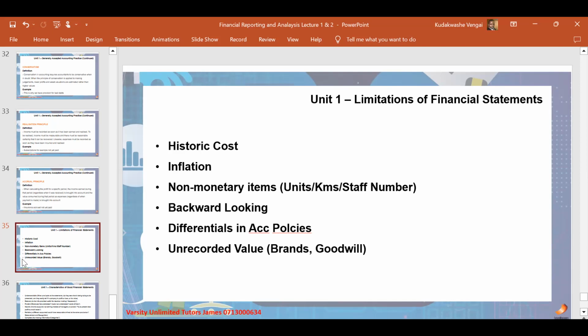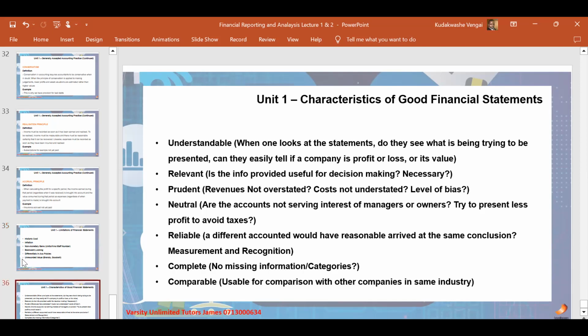But the brand name Coca-Cola itself is an asset. Just saying that this is a Coke will make someone buy it. This is produced by Coca-Cola. So if today they produce a new drink and put it out there, you all go and buy it because you trust Coca-Cola. But that is not recorded on the balance sheet of Coca-Cola. So that's unrecorded value. So those are the limitations of financial statements.